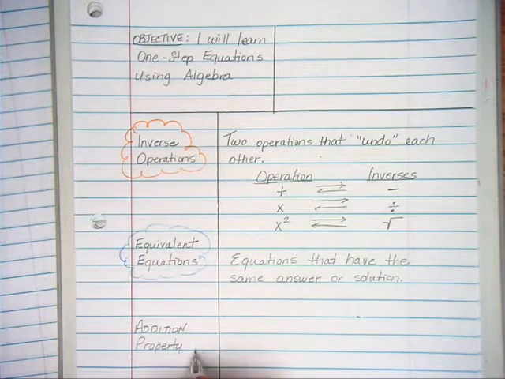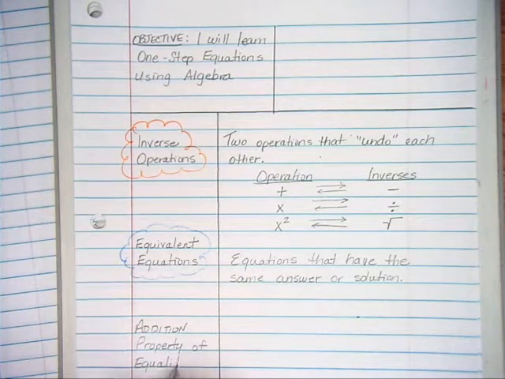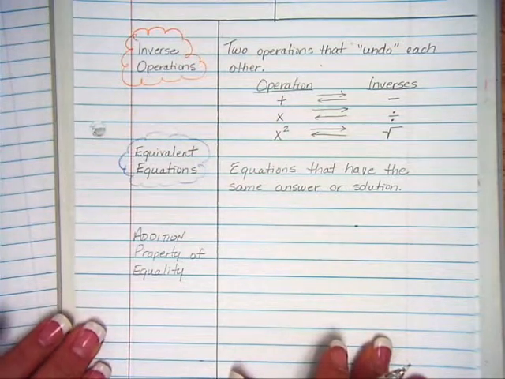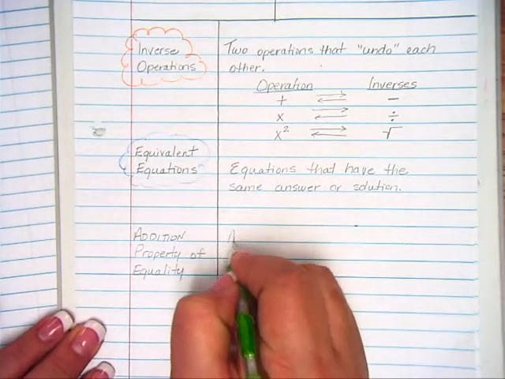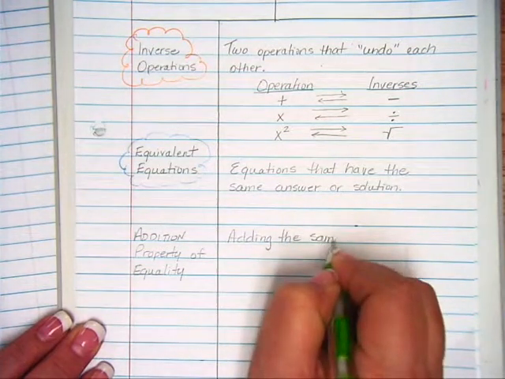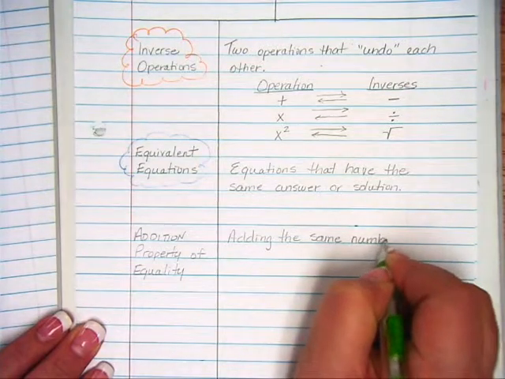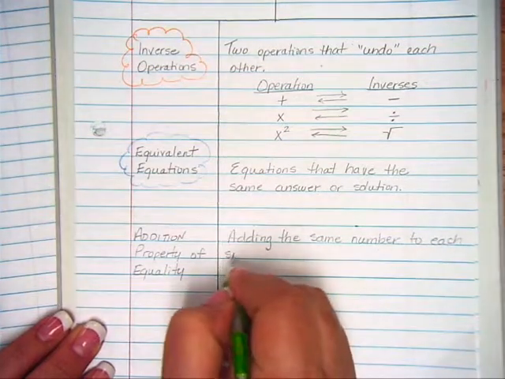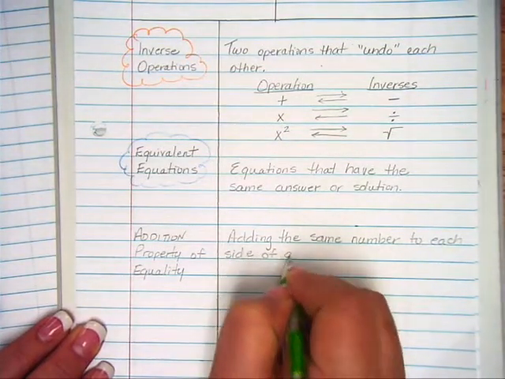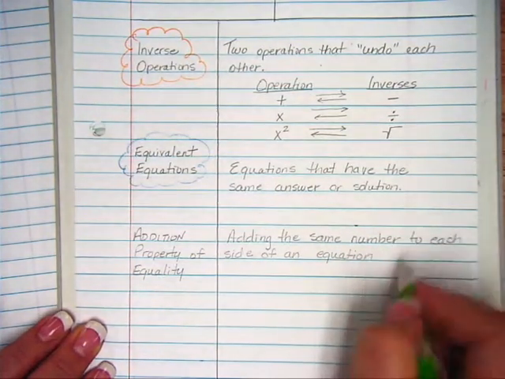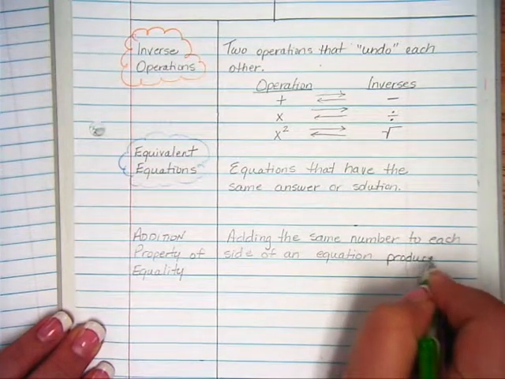The addition property of equality states that adding the same number to each side of an equation produces equivalent equations.